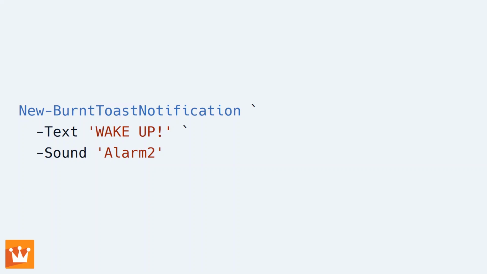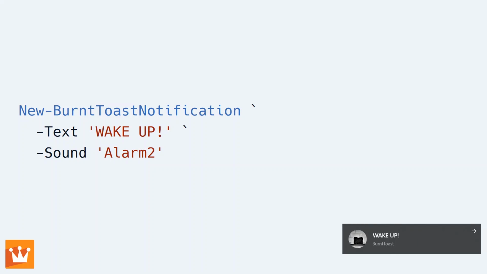Now a note here, these sounds are all built-in Windows sounds. You can use custom sounds, but not through the New-BurntToastNotification cmdlet. You need to dig into some of the more advanced features of the module, and that's out of scope for this demo. And the result of this should be a lot more annoying.